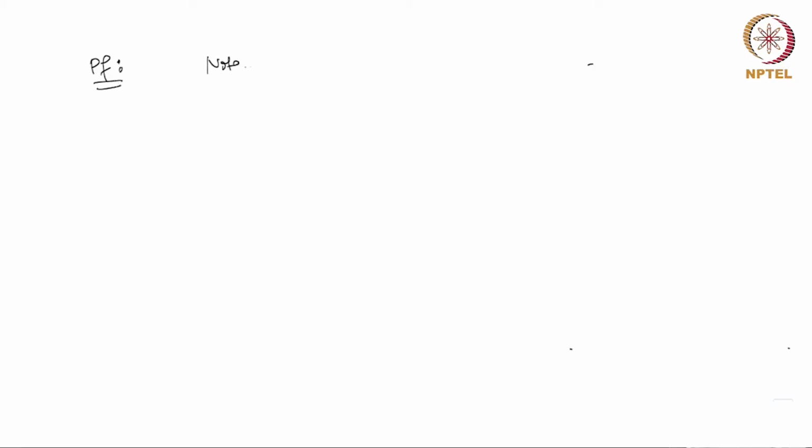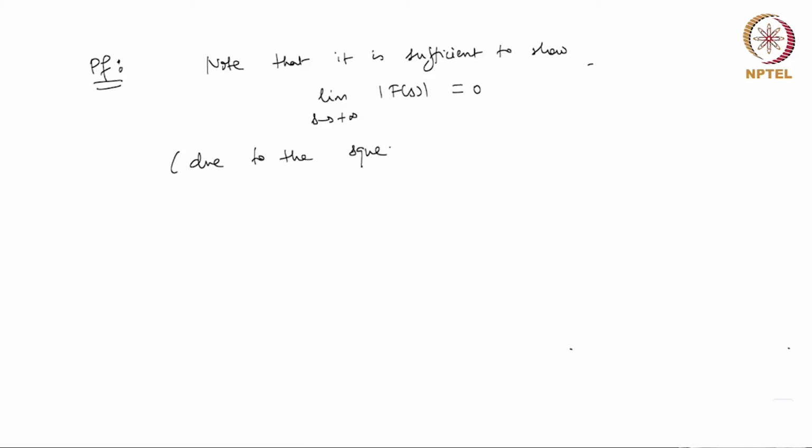So note that it is sufficient to show that the limit as s goes to plus infinity of the modulus of F(s) is equal to 0. This is due to the squeeze theorem for limits.